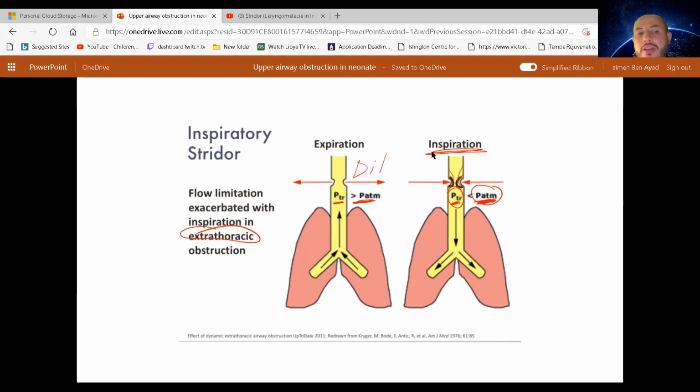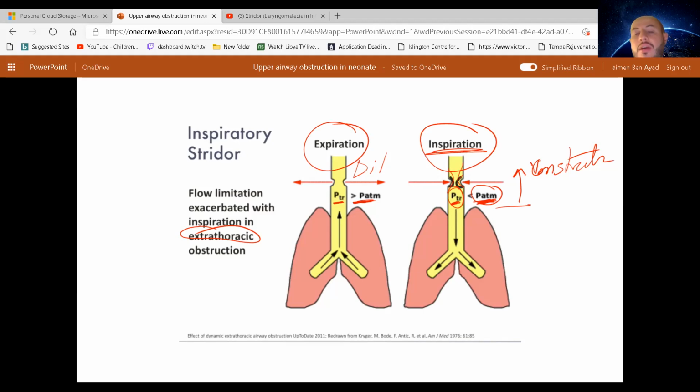So during inspiration, what happens? Constriction, versus dilatation during expiration. That's why in extrathoracic lesions we have inspiratory stridor: the tracheal pressure is lower than the atmospheric pressure.